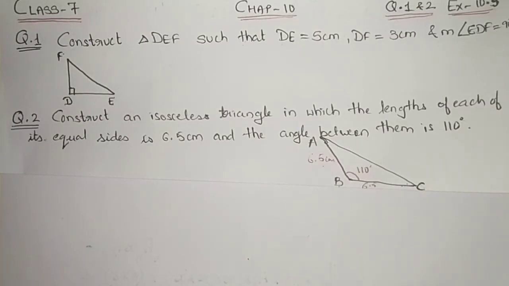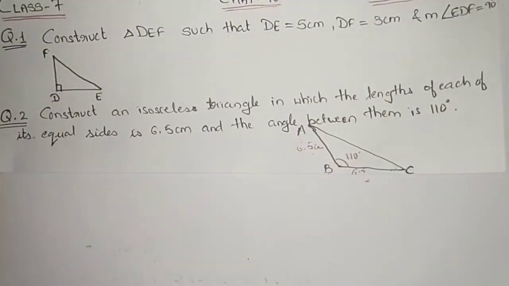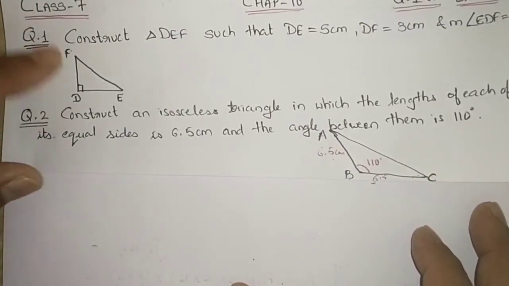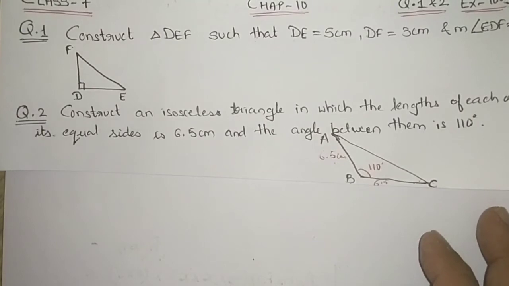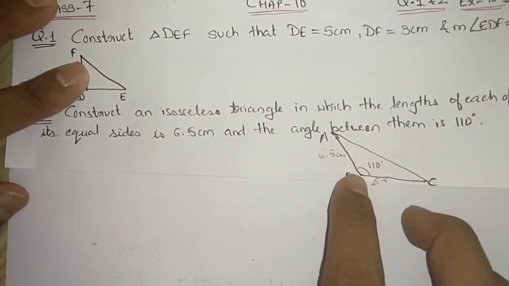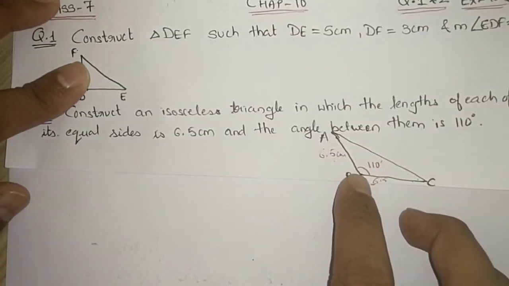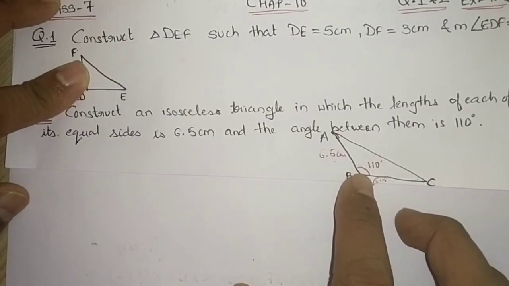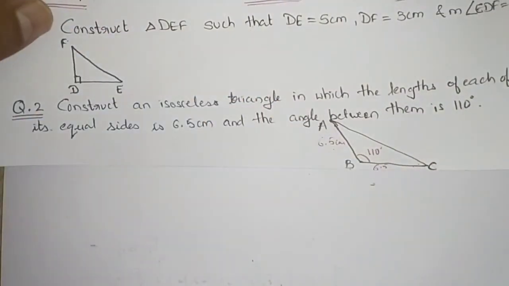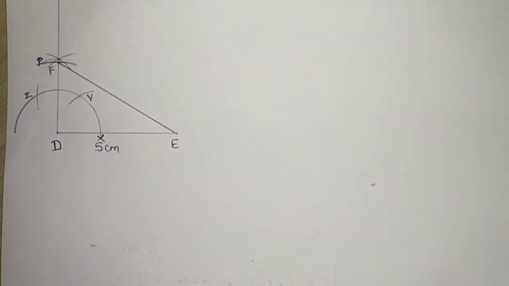Students, in question number 1, we have constructed 90 degree by the use of compass, and you are supposed to use the compass for drawing 90 degree. You are not supposed to use your protractor for drawing 90 degree. But for this question, we will use protractor because with compass it is not possible. So what we will do? We will take BC is equal to 6.5 centimeter first. Let us start.